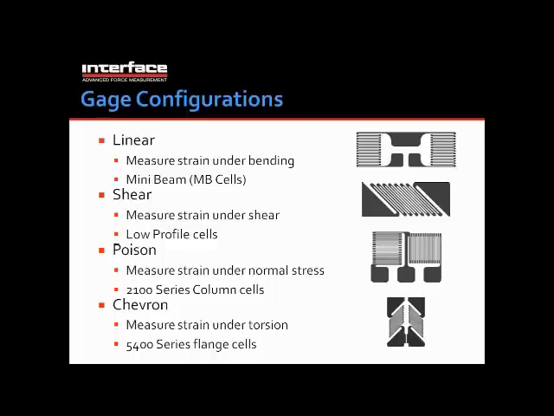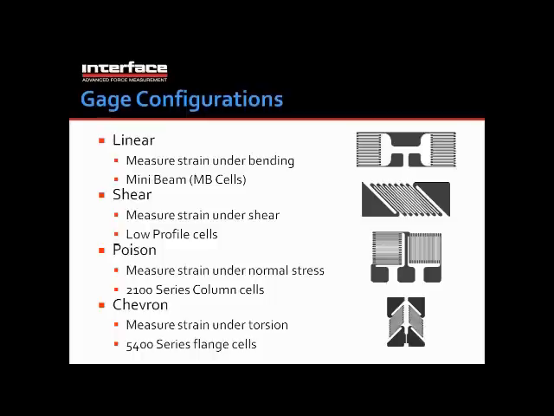Now the Poisson gauge, I don't know which gauge that is. That is a Poisson gauge, and these gauges measure strains caused by normal stress applied, or normal forces applied, to a column type load cell such as the 2100 series.